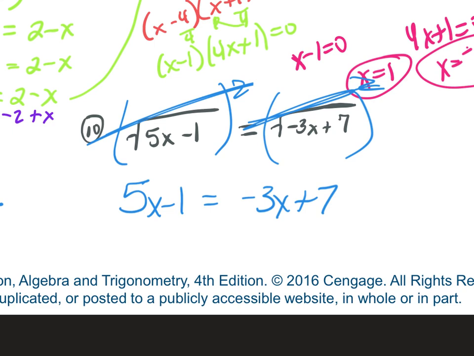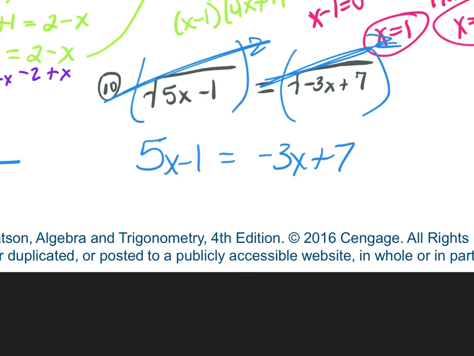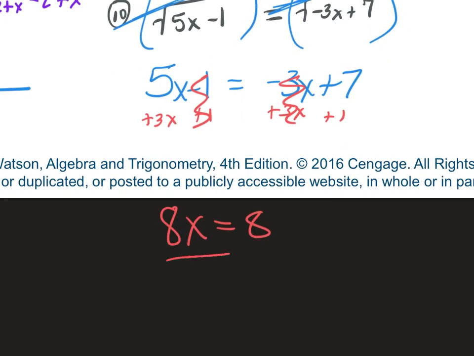Move x's to one side, numbers to the other, and solve. I'm going to add 3x to both sides, and then I'm going to add 1 to both sides. So I end up with 8x equals 8. Divide both sides by 8, and I get x equals 1.